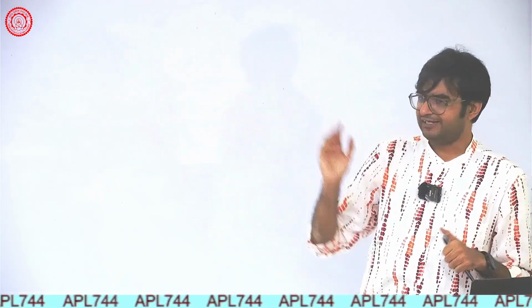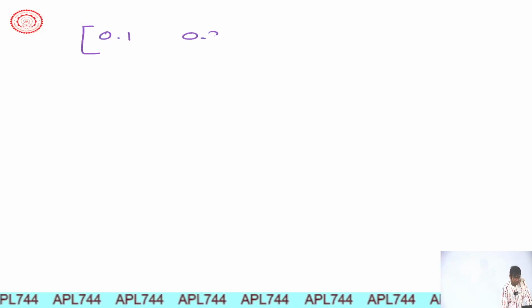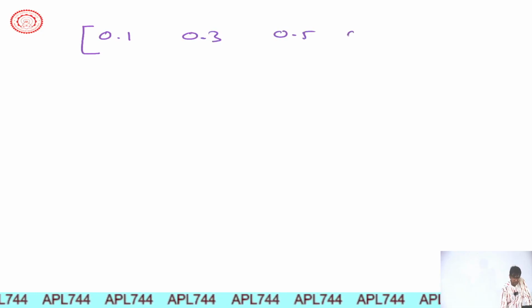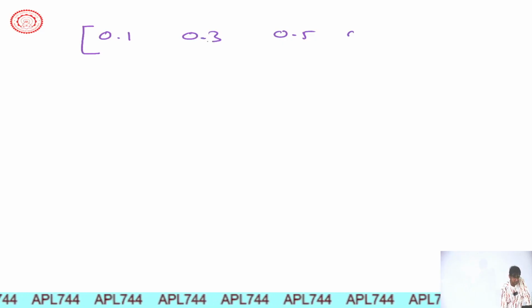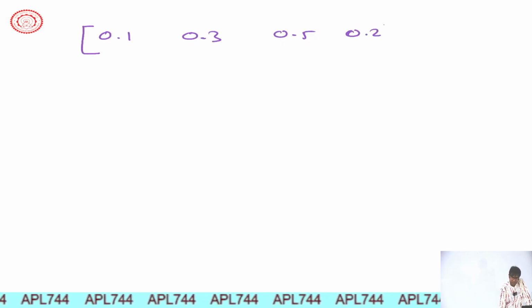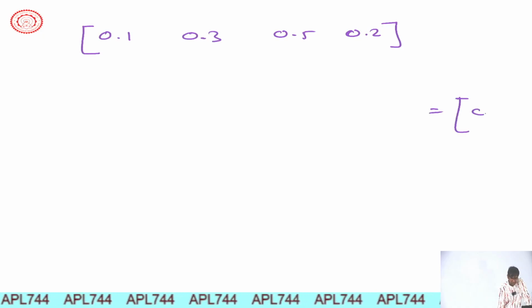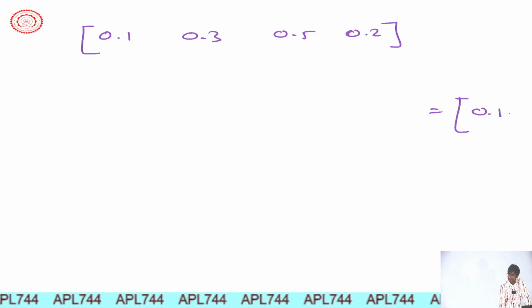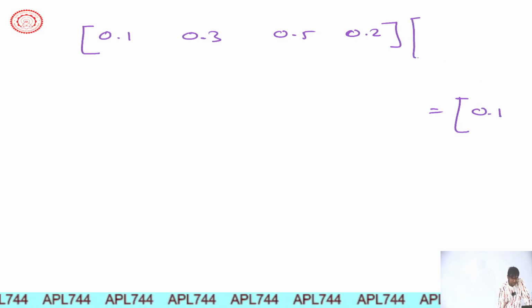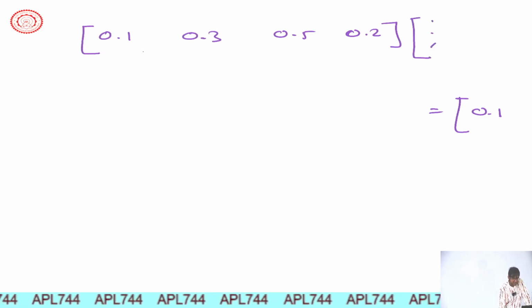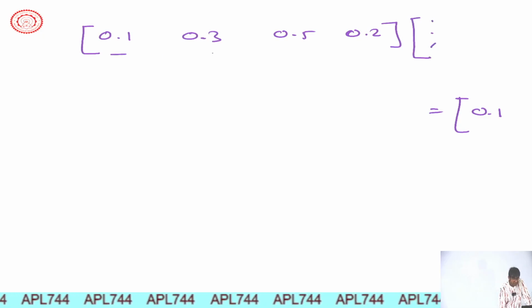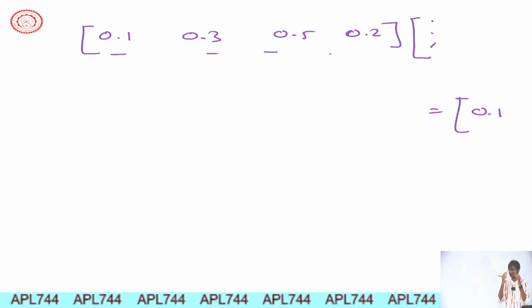Suppose your output pi t has one value of 0.5. So it's very simple. I can always design it. Let's say my pi t is 0.1, 0.3, 0.5, or it can be 0.2. On the other hand, I also want the 0.1 value, let's say at the first position. Then I can always multiply it with some matrix such that it will not be 1 and 0, but some proportion which will add up to 1.